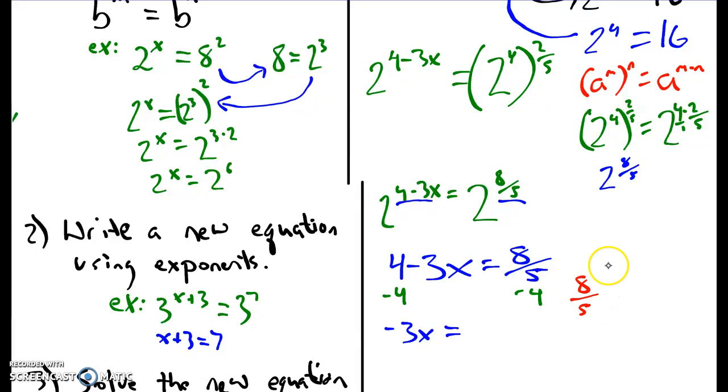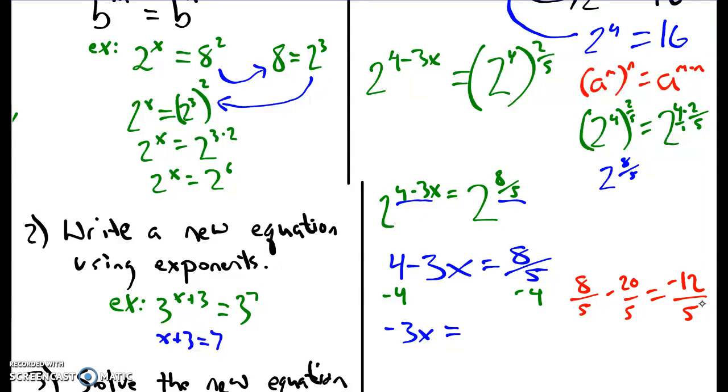So 8/5 minus 4 over 1. We need a common denominator, which would be 5. So we multiply the numerator and denominator by 5 to get 20. Then 8 take away 20 is negative 12. So we have negative 12/5.